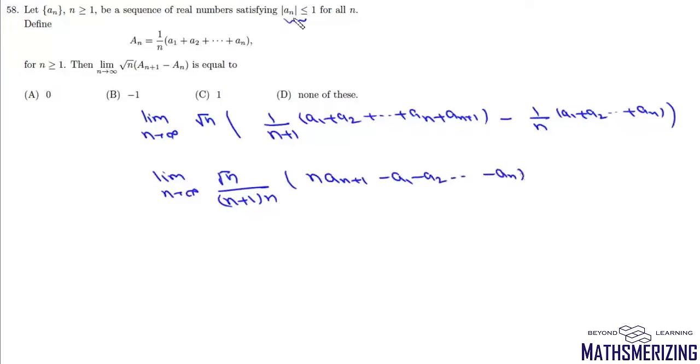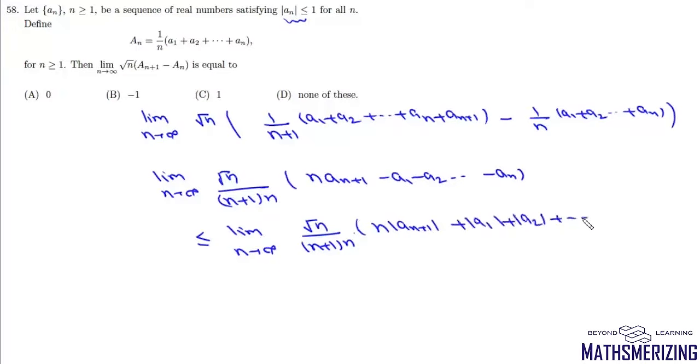Now we know that for any an, its modulus is always less than or equal to 1. So we can say this limit is less than or equal to limit n tends to infinity of root n upon (n plus 1) into n, and here we can write n mod a(n+1) plus mod a1 plus mod a2 plus mod an.